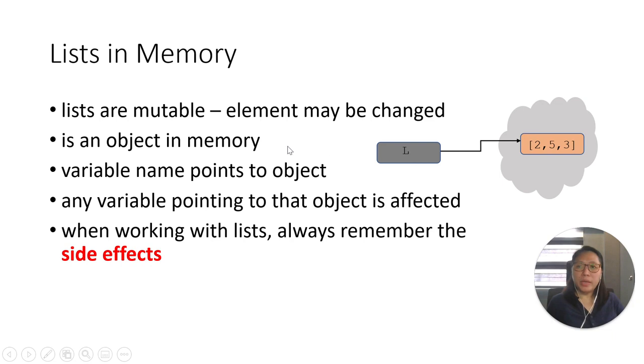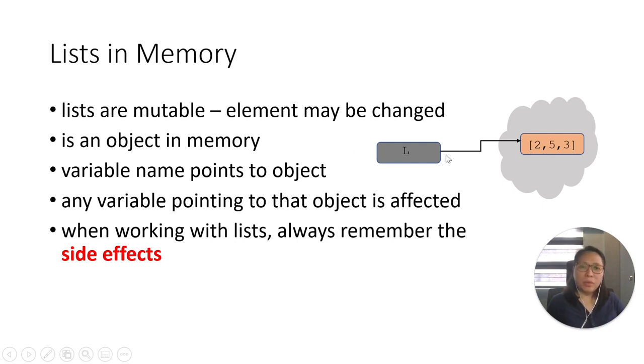So in memory, we can think of a list object like this one. It is an object in memory, so it is mutable. Therefore, an element in this list may be changed.